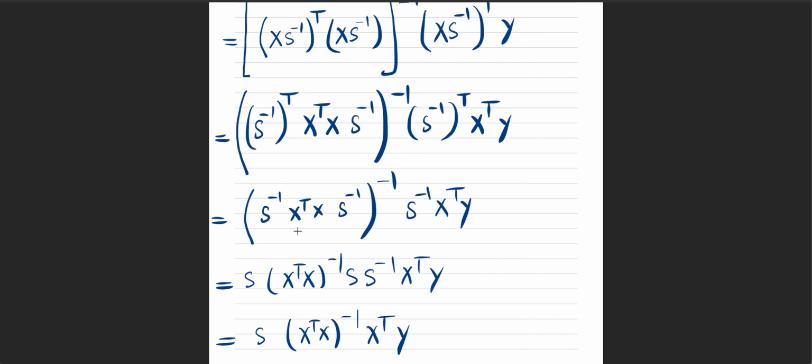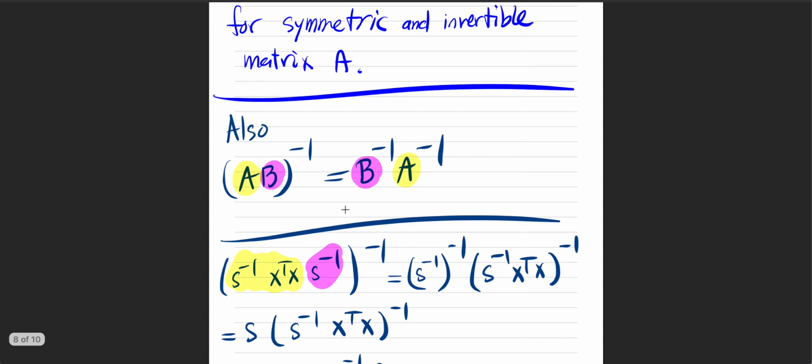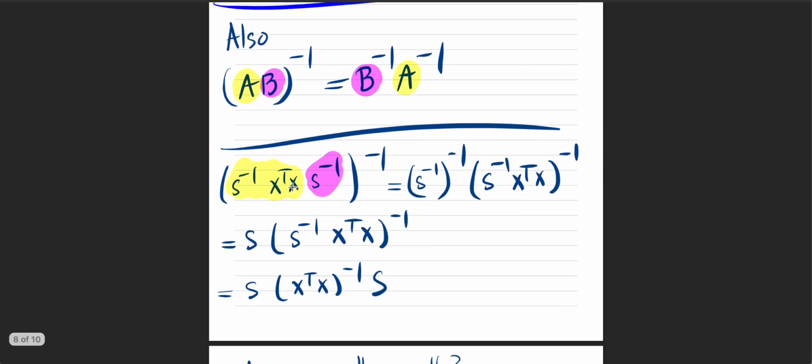Now we want to take these two out of the inverse, and we are using this identity that AB inverse is B inverse A inverse. So what we are doing is saying, okay, let's call S inverse X transpose X as A, and let's use S inverse as B. Then we will have B inverse here, which will be S inverse inverse times the inverse of this, which is S inverse X transpose X inverse.